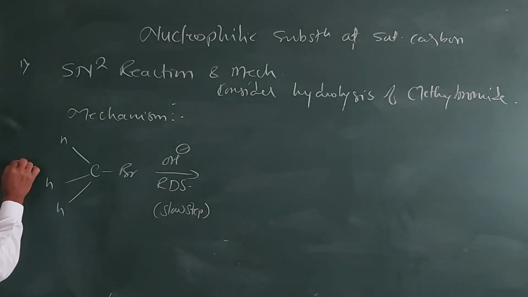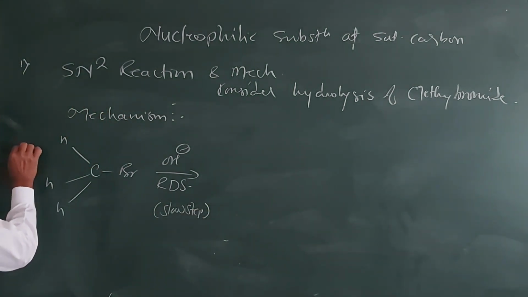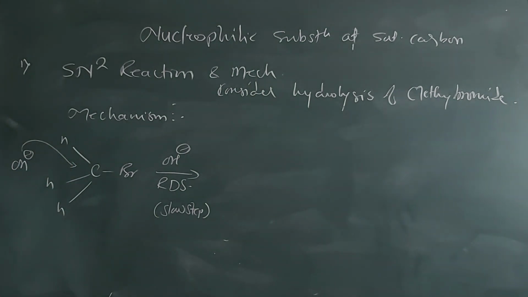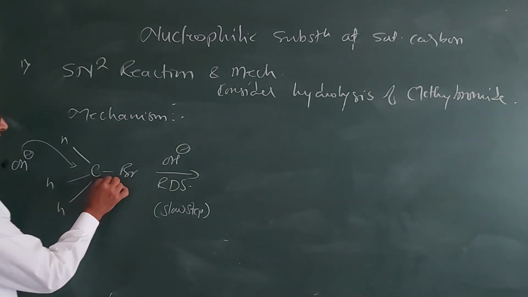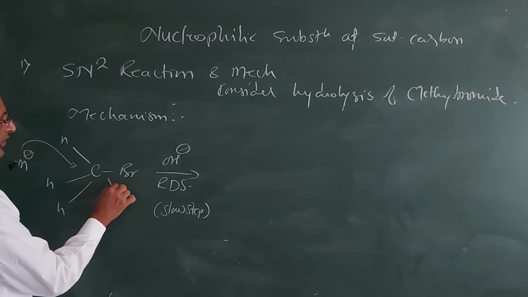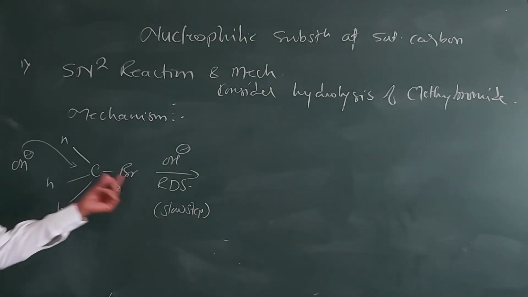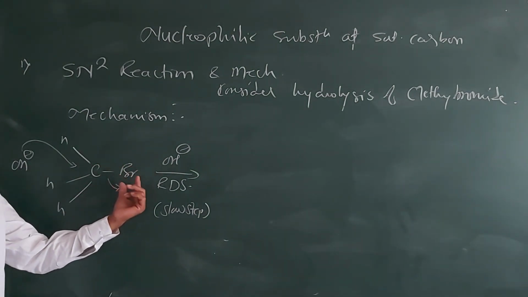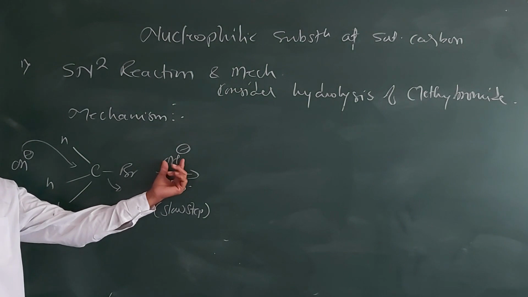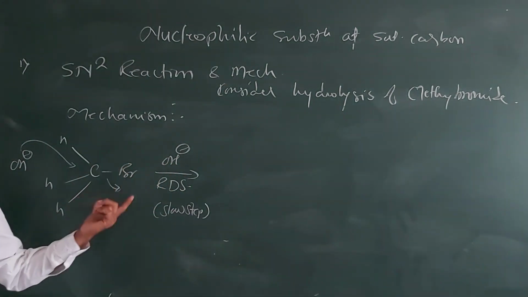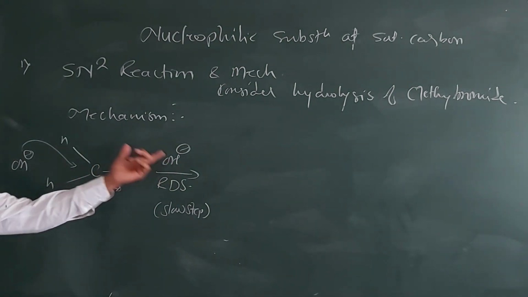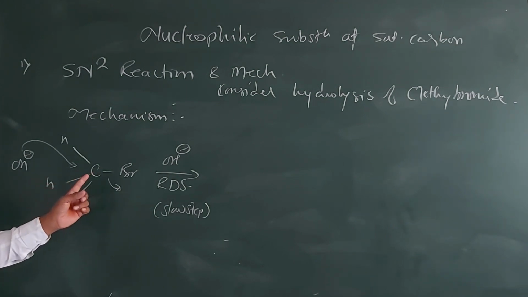And so this OH minus attacks the carbon from the opposite side, because if it attacks from the front side, bromine is negatively charged and OH is negatively charged, they will repel each other. And that's why this OH prefers to attack from the backside.